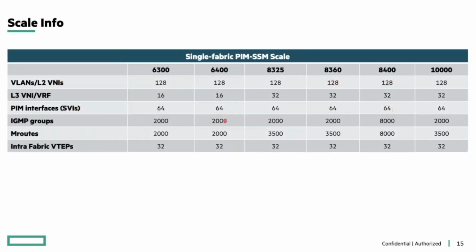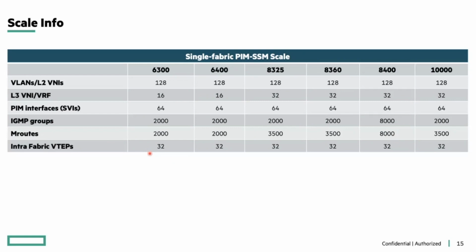Scale information. So this is single fabric, PIM SSM scale. You can see these are the VTAPs. 128 VLANs in a single fabric. The lower end platforms, 6300, 6400, support 16 VRFs, while these support 32 VRFs. Right? 64 SVIs, IGMP, and they're typically the same except for the 8400 and MROS as well.